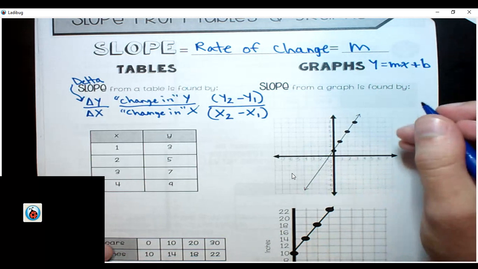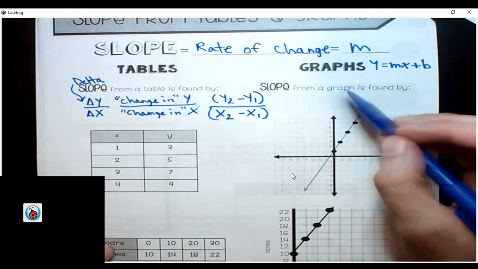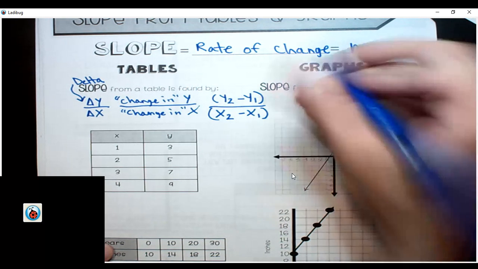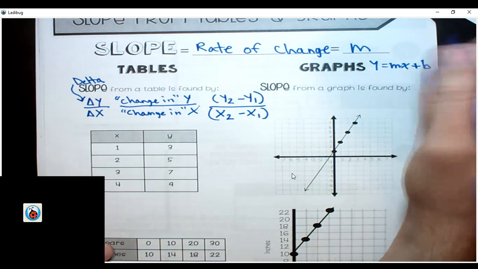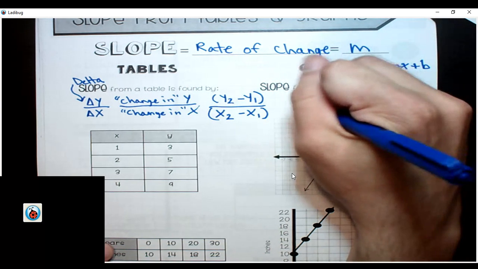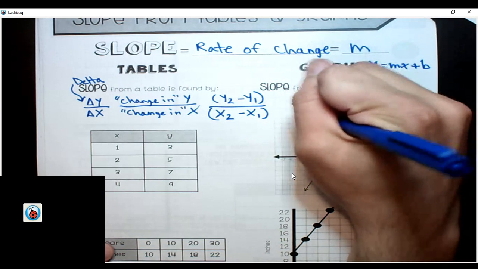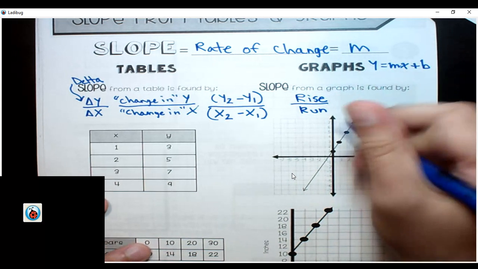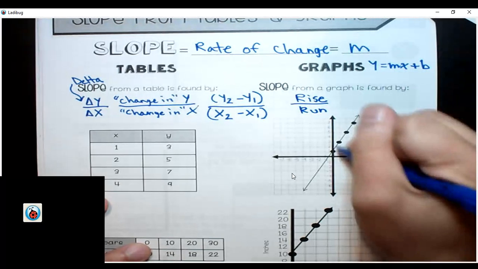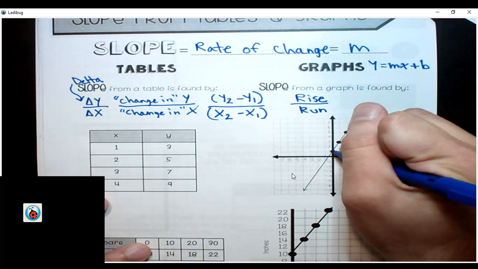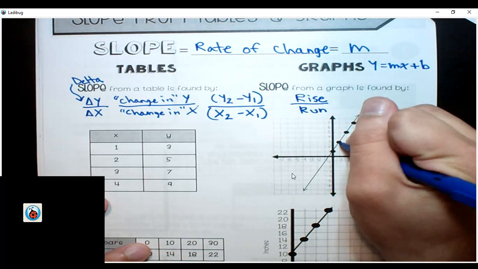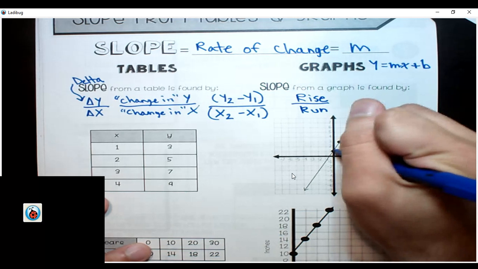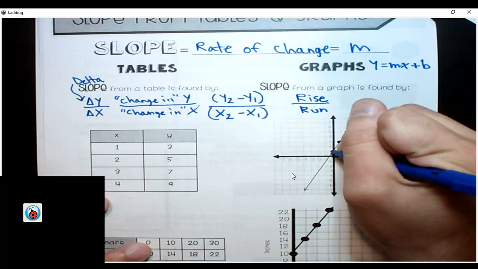Let's go ahead and switch to the graph real quick. Slope from the graph is found by rise over run. The rise has to do with moving up or down from one coordinate point to the other coordinate point on the line. Looking at this example, you count how many units you're moving up. First you want to identify how many units this is.